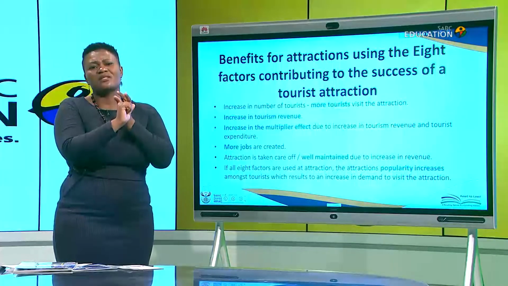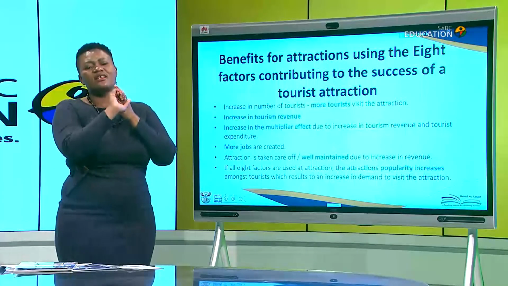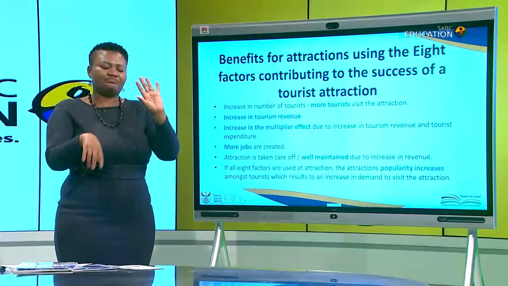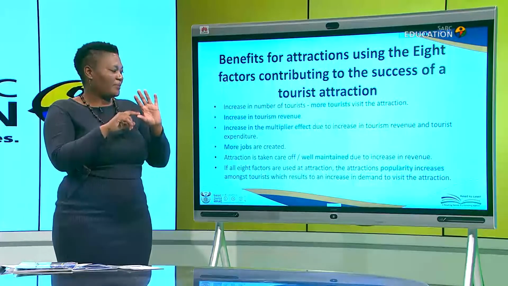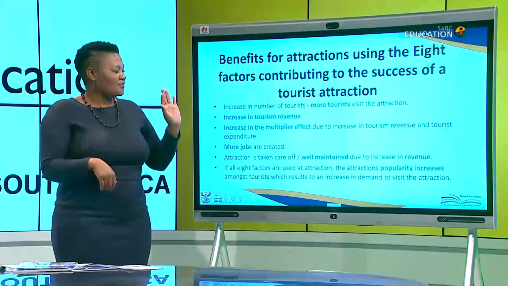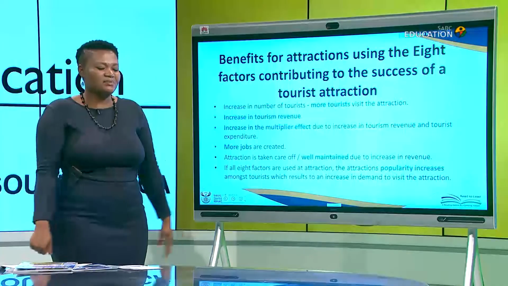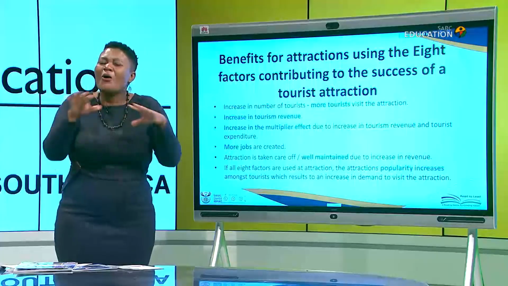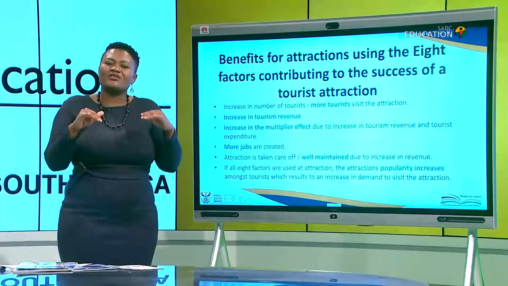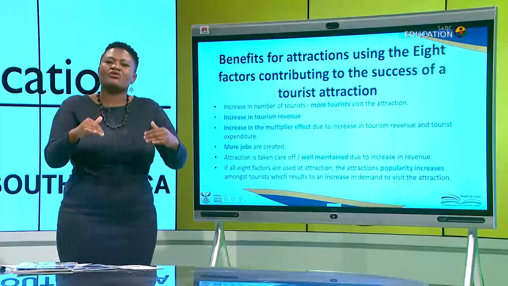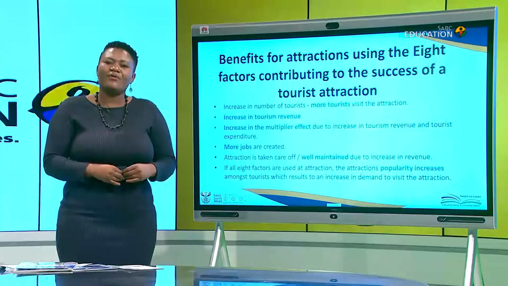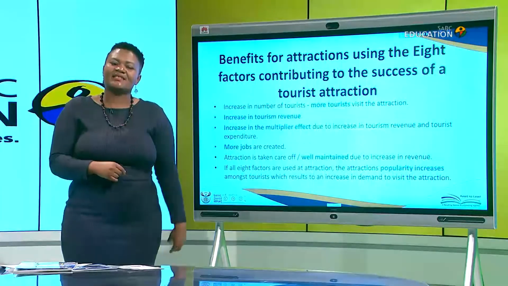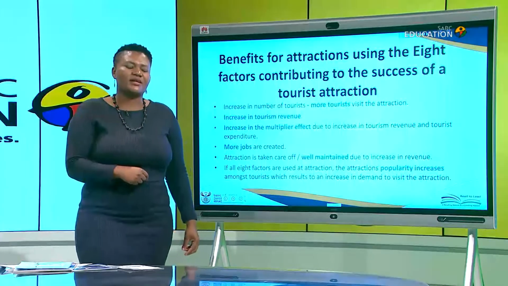You did sustainable and responsible management plans. You did considering the needs of people with disabilities. You did safety and crime prevention. You even did universal access. So what I'm trying to say to you is that if you use all the 8 factors, your attraction will be successful. It's going to gain popularity. Tourists will come to your attraction. So it's very important that if you want your attraction to be successful, make use of the 8 factors that contribute to the success of a tourist attraction.